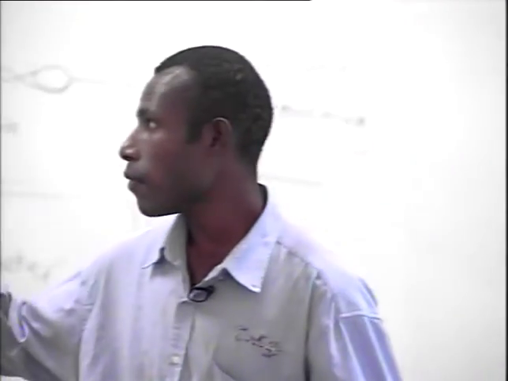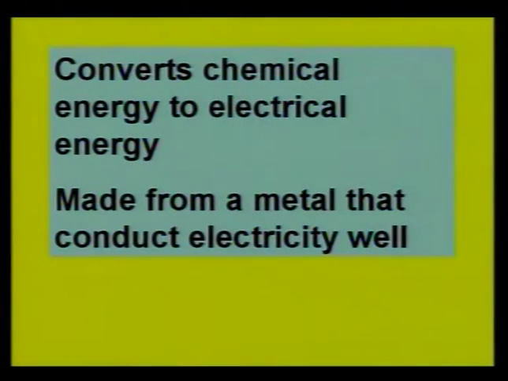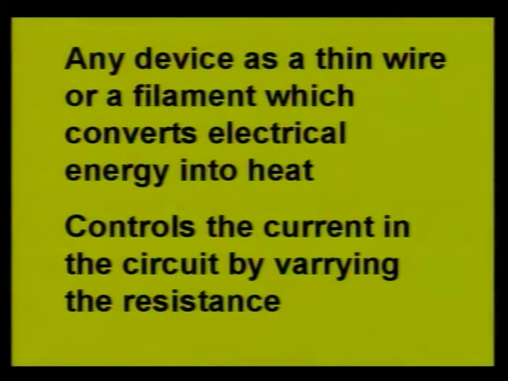So for the first one, that is a cell which converts chemical energy to electrical energy, and then you have a connecting wire made from a metal which can conduct electricity well. That is for the first two. That is for the light bulb, which is a device with a thin wire or filament which converts electrical energy to heat and also light.